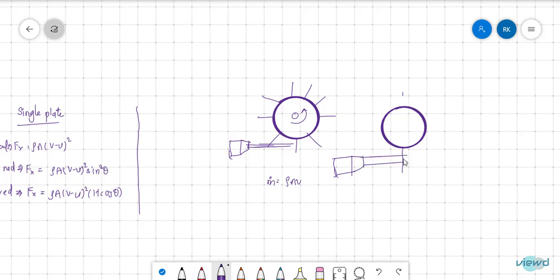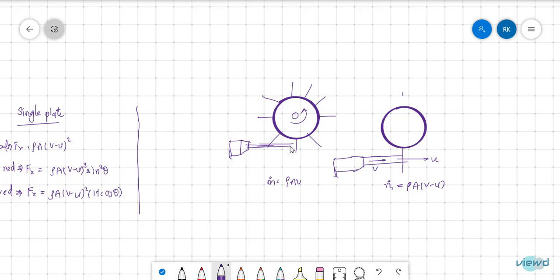It is moving with tangential velocity u, this is the nozzle, and velocity v is the velocity of the jet. The mass flow rate, the amount of mass utilized to rotate, is rho a v, but only v minus u is being utilized.